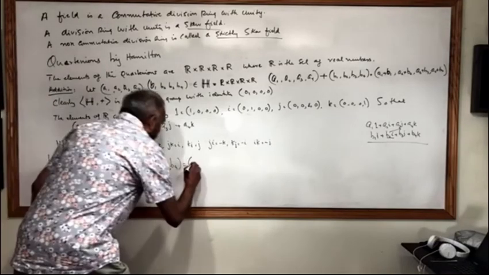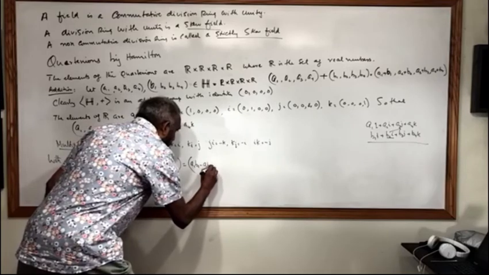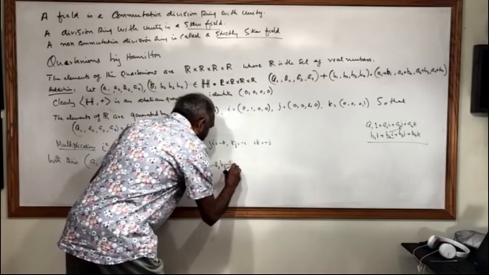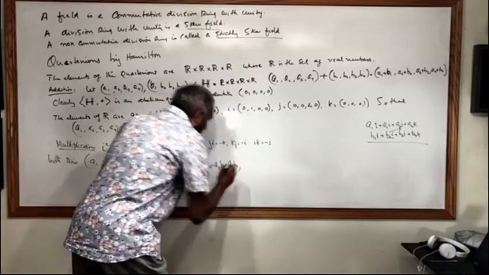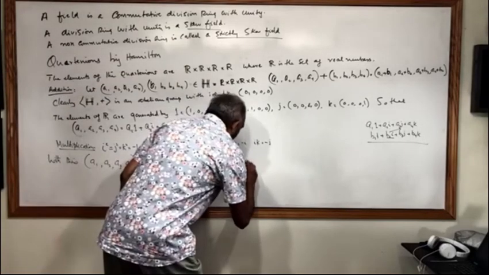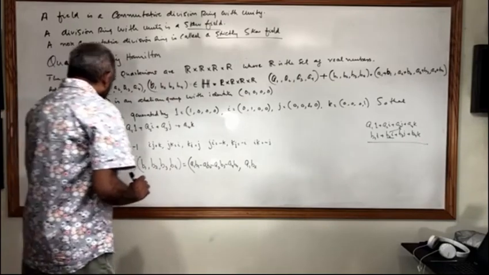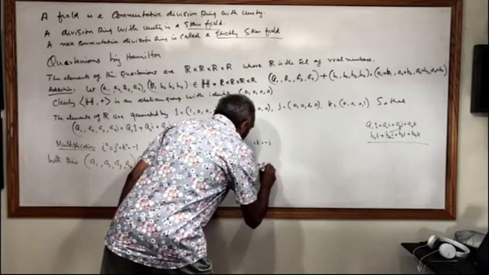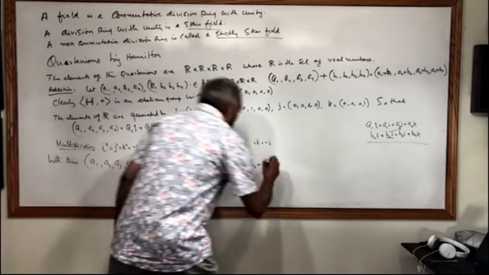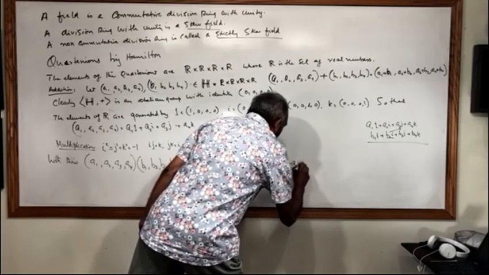The first is a1 b1 minus a2 b2 minus a3 b3 minus a4 b4. The second term is a1 b2 plus a2 b1 plus a3 b4 minus a4 b3.